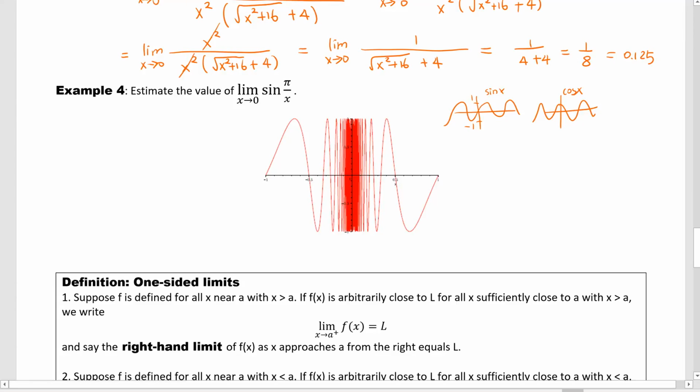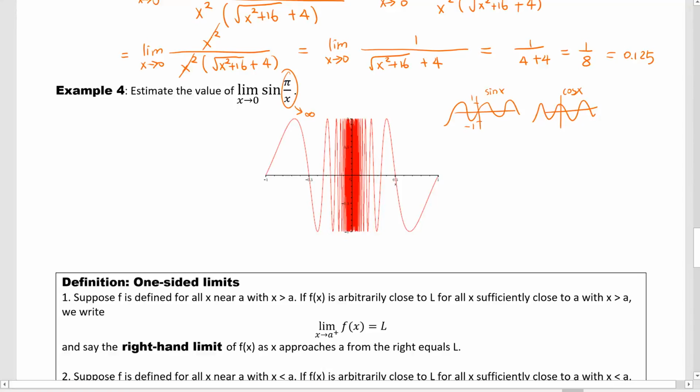And then here, when x goes to 0, pi over x actually goes to infinity, right? And sine of infinity is oscillating between -1 and 1. It's actually faster, so that's why you can see this crazy region. But it's bounded between -1 and 1, okay?